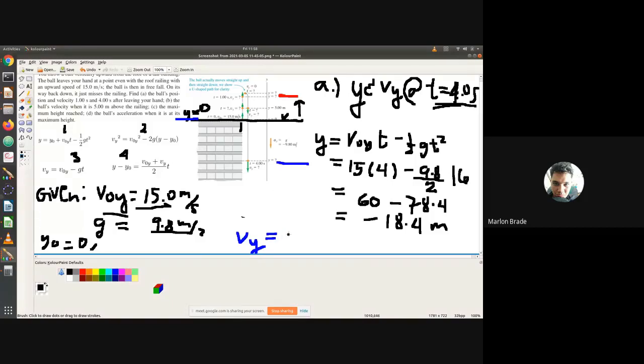Vy is equals to v naught y minus gt. So this is equals to 15 minus 9.8 times ang t nako is 4.